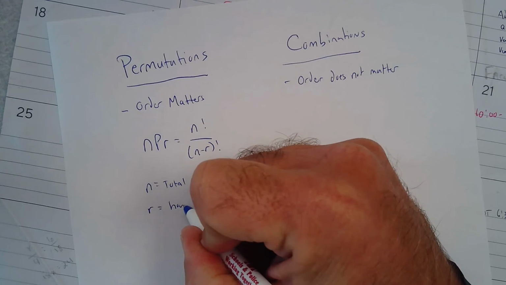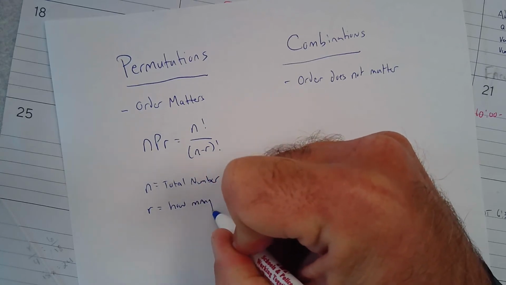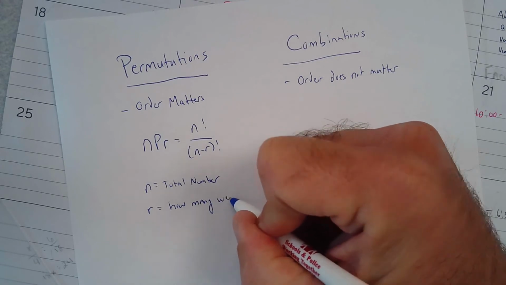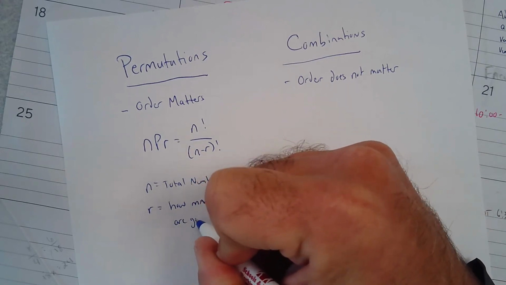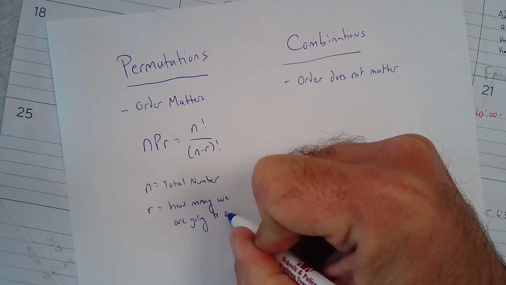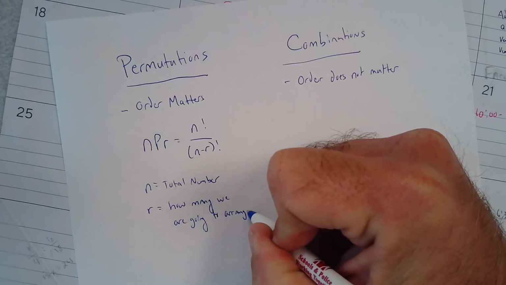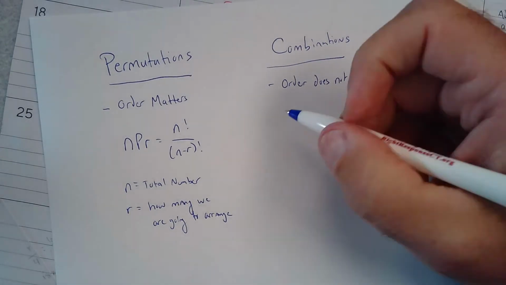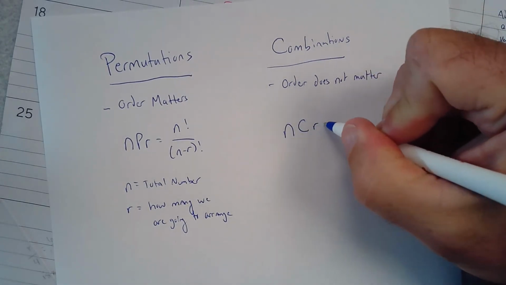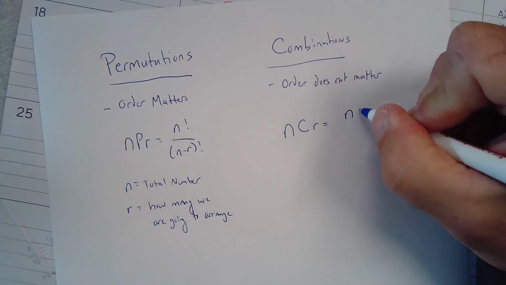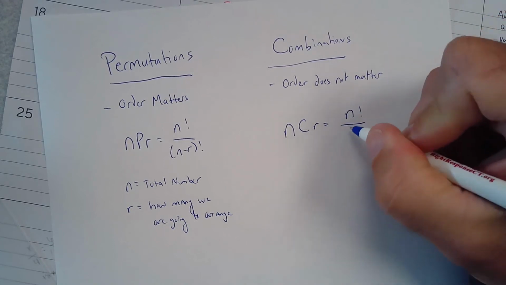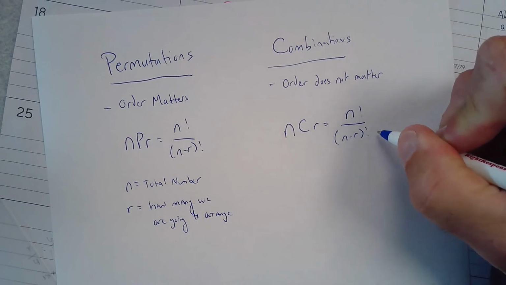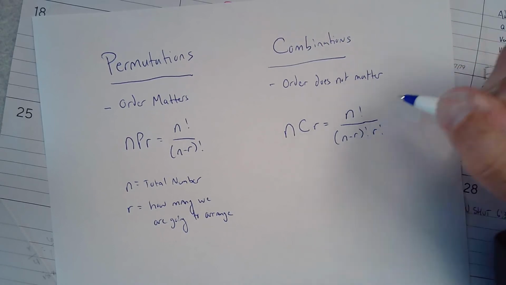And r is going to stand for how many we are going to arrange. With a combination, nCr, we have the formula n factorial over n minus r factorial and then r factorial.